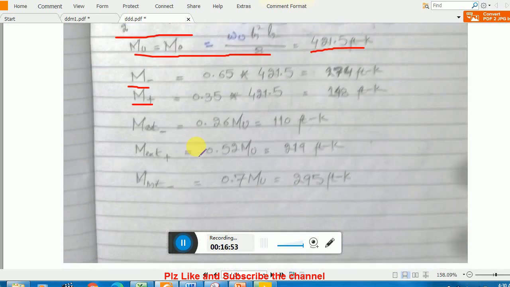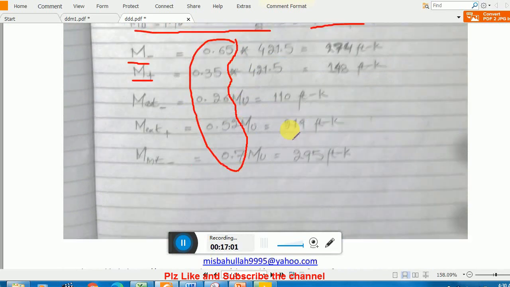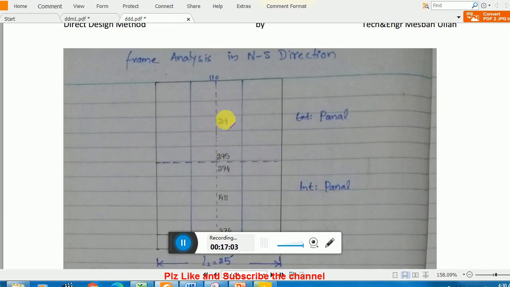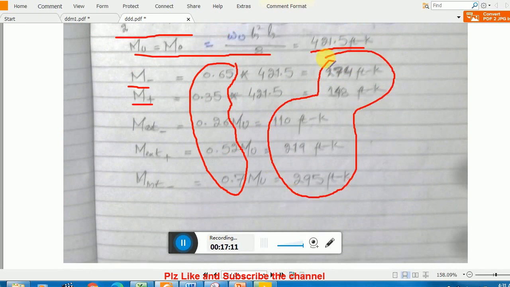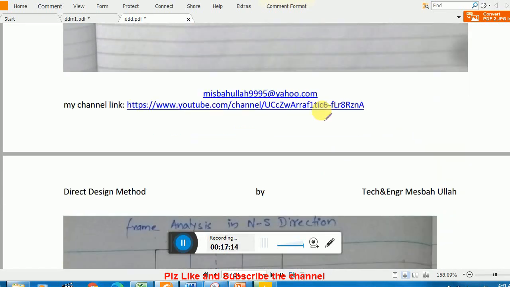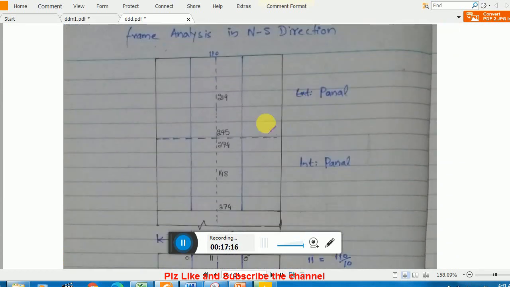The whole procedure I have explained, no need for any further explanation. You see all the coefficients, and once you have your moments, you just have to represent them. You just need to write them down at their specific points. Now you need to distribute them.